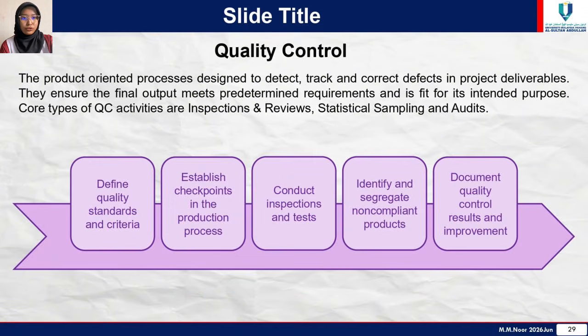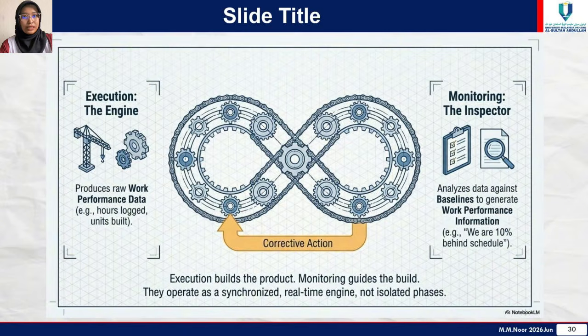In quality control or QC, the product-oriented process is designed to detect, track, and correct defects in project delivery. So they need to ensure the final output meets the predetermined requirements and fits the intended purpose. As we learn, execution is the work performance data where we collect the data based on the performance of the work, while in monitoring and controlling, we analyze the data that we obtain from the execution part.